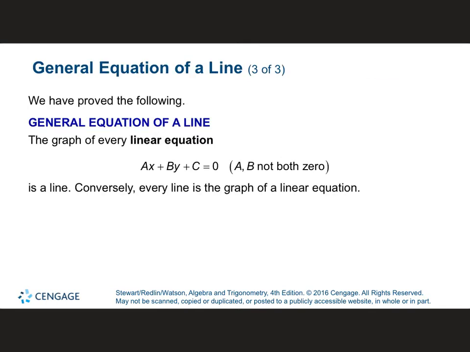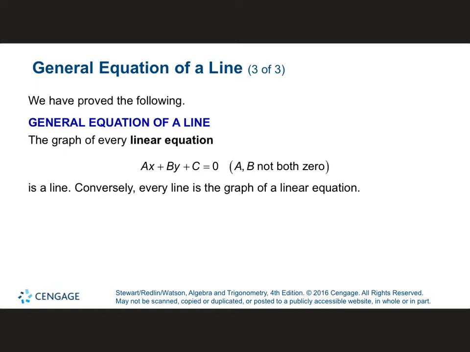The general equation of a line for a linear function is ax plus by is equal to c, or ax plus by plus c is equal to 0, where a and b are both non-zero numbers. When you are putting it into standard form, which is also what this is called, you will not have a fraction in front of a or b.